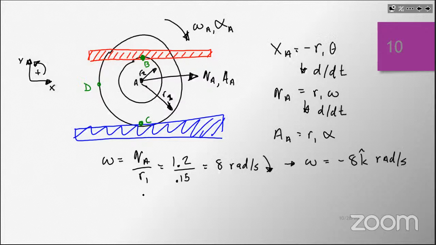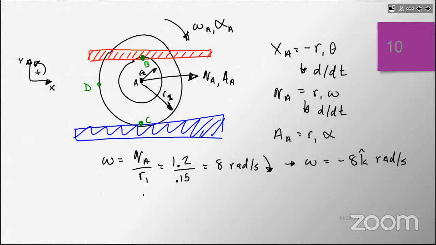Okay, solid. We don't need this right away, right? But we were asked to find the acceleration at a point, and remember, that means we're probably going to need the normal and tangential components. And if we need the normal component of the acceleration, we need omega. So we're finding it up front.